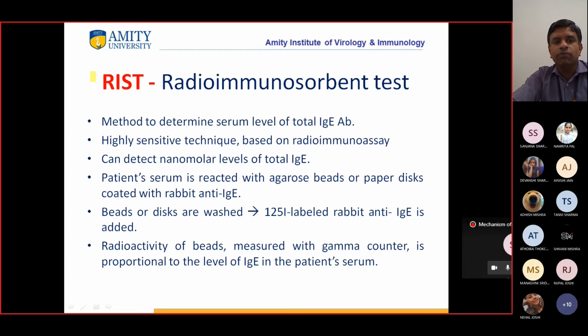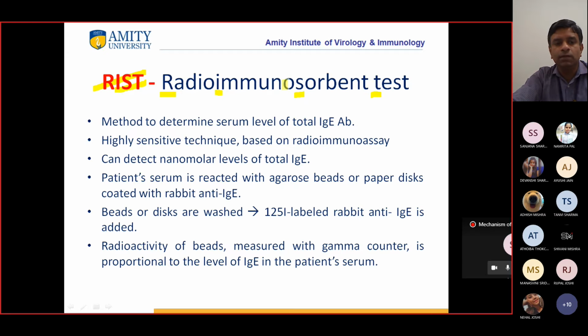Okay, so one of the techniques is RIST, and this is radio immunosorbent test. Okay, RIST.